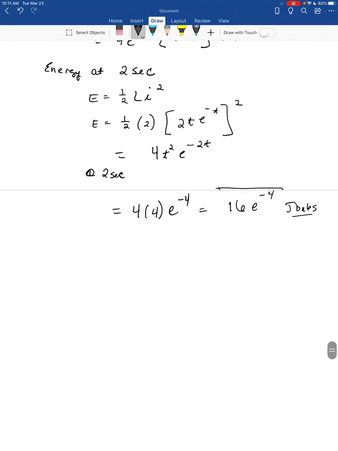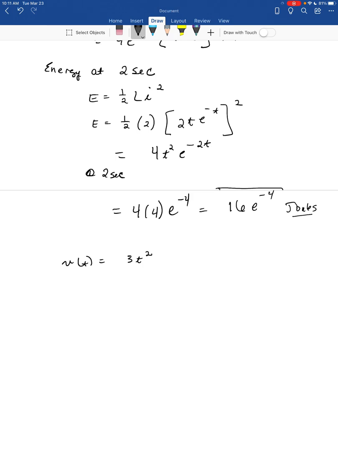Okay. We can also work an inductor problem if we're given a voltage. So let's say we're given an inductor voltage. V of t is, we'll keep this fairly simple again, let's just make it 3t squared.